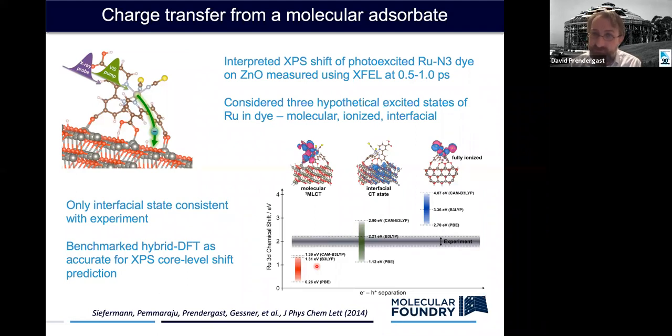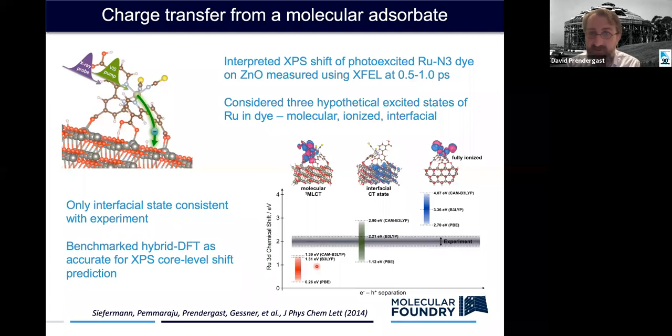Imagine if you could kind of stop events and then start them at will. And that's kind of the basis of what's called pump probe spectroscopy, where you can, with a light pulse, initiate an excitation and then follow it a little later by using another probe that's correlated in time with the initial pump. And so this is an example, not using X-ray absorption, but using X-ray photoemission.